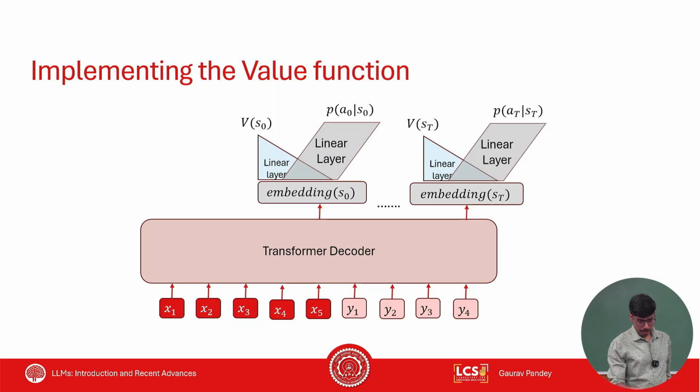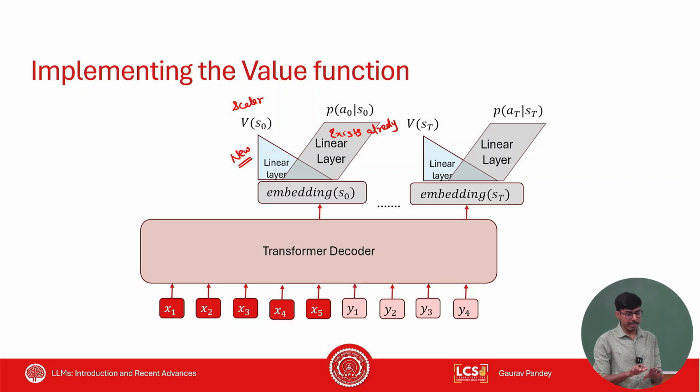This already exists in a decoder, and what you are newly adding is a linear layer which takes the embedding of the last token and outputs a scalar quantity, a number that is your value. Implementation-wise, that's all you have to do: add a linear layer on top of an existing decoder, and the same linear layer acts on each token. Does this make sense?